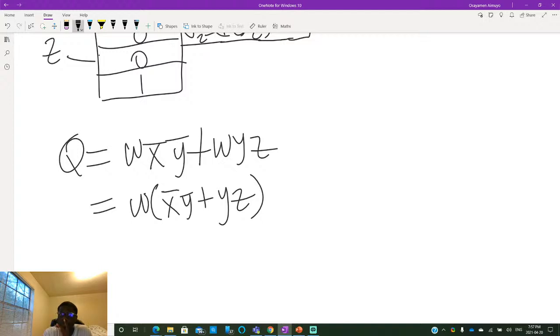We would have to use a 4x1 ROM to implement X bar Y bar, a 4x1 ROM to implement Y and Z, and then another 4x1 ROM to implement the OR of both of them. So that's a total of how many bits? That's already 12 bits. Can we do better? Most definitely. Okay, let's see what we can do. Give me 1 second.